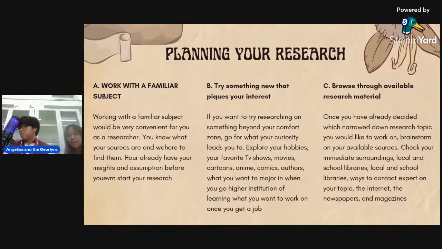And not everything can be researched, and it's also up to the sources that you are going to get. So make sure as well when you get your subject, there are readily available research materials on the internet or journals that you can access. So make sure of that when you plan your research.